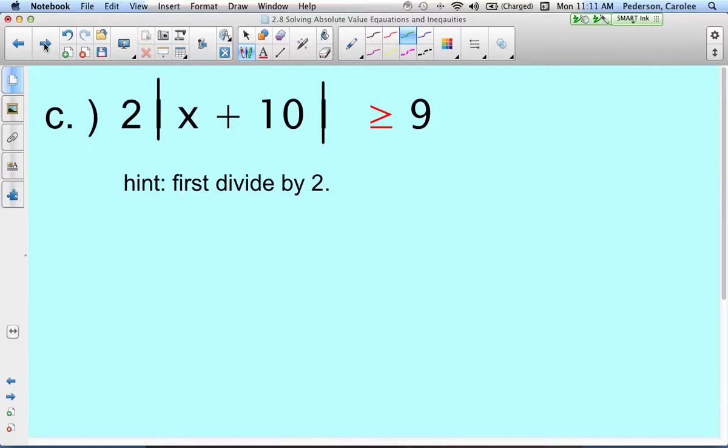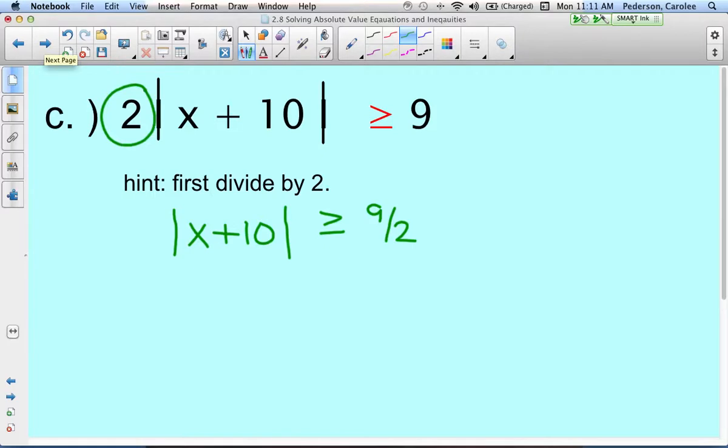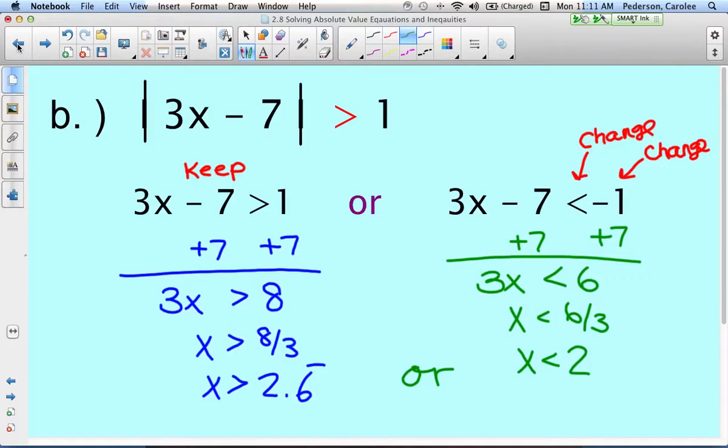This example is very similar to the last one, but we first want to divide both sides by 2. So I have this original absolute value, but I need to divide it by a 2 to remove this 2 from here. So then I have 4.5. Now we would do the same thing as this one where we'd set up two equations, or two inequalities.